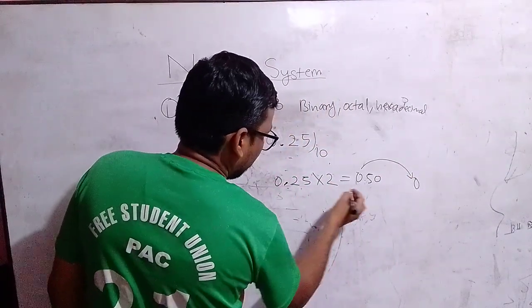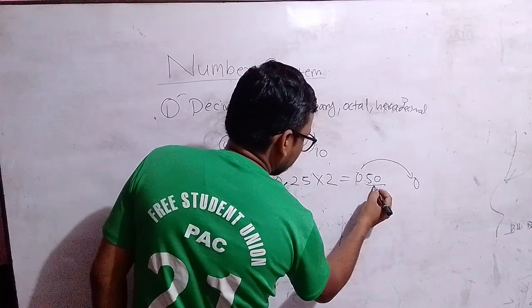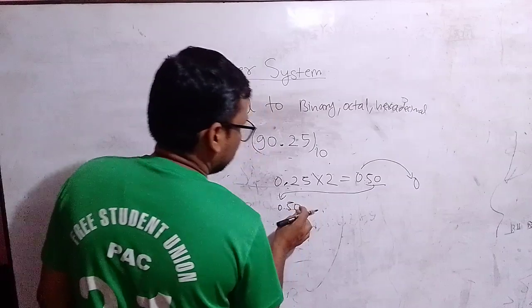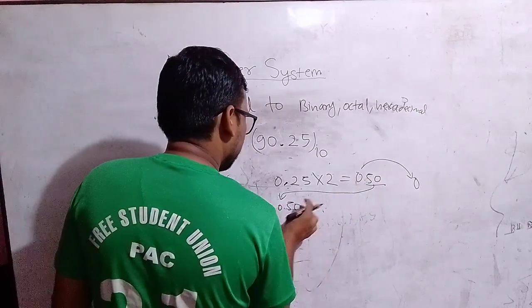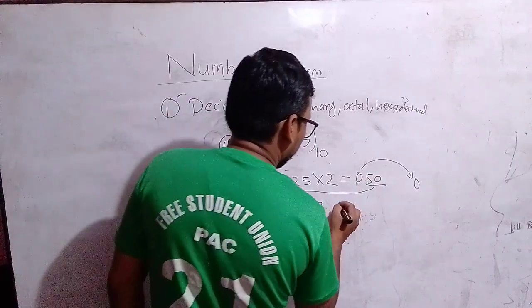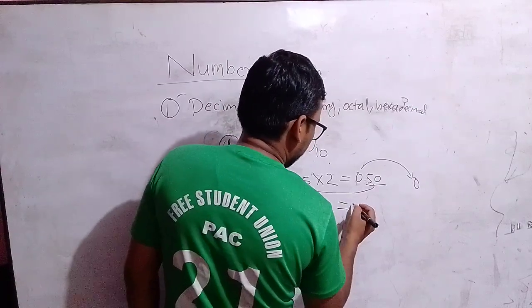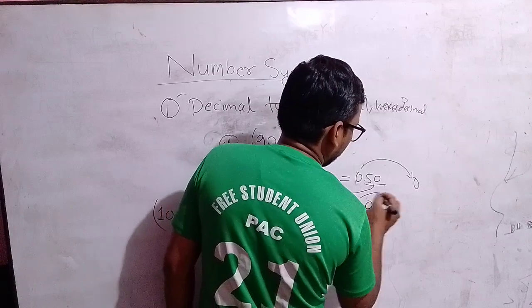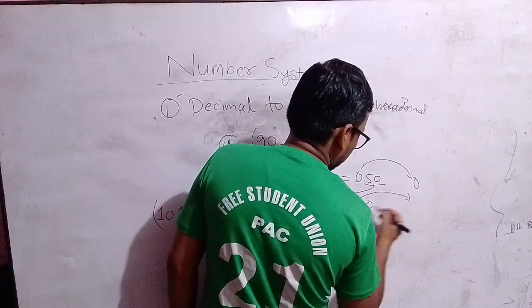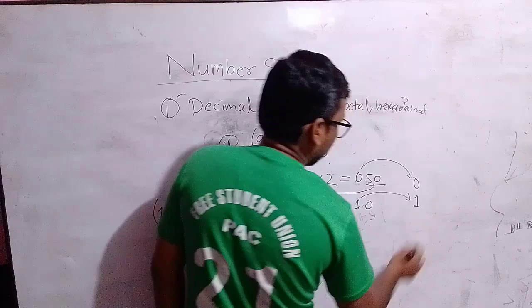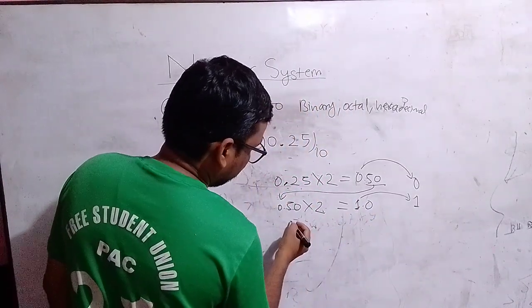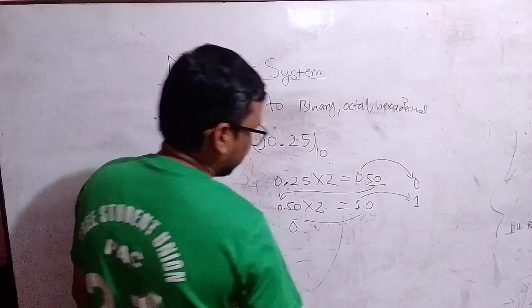Now what fraction part remains? 0.50. Again we multiply this number by 2 and we get 1.0. What would be its integer part? 1. Then the fraction part is 0.